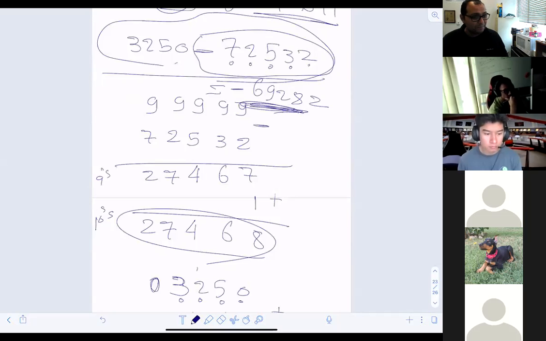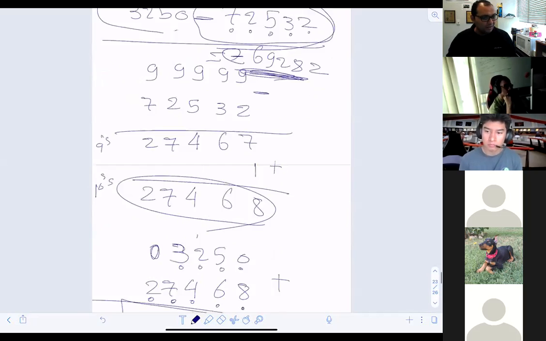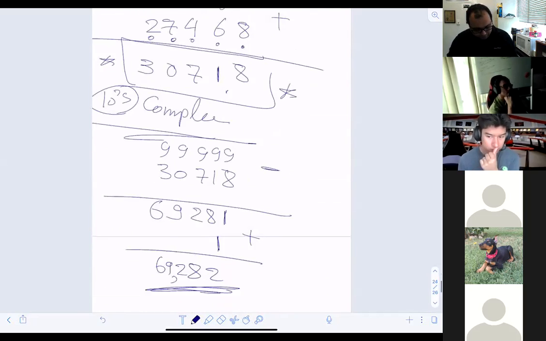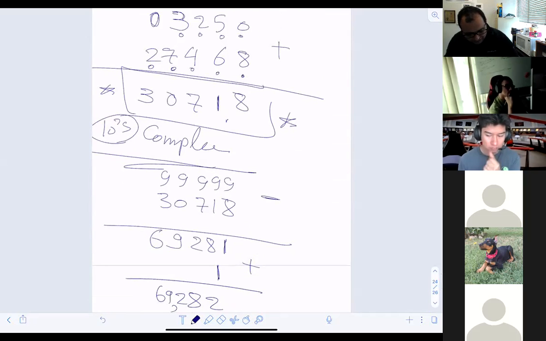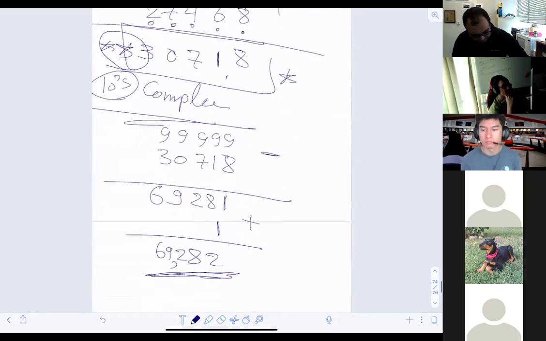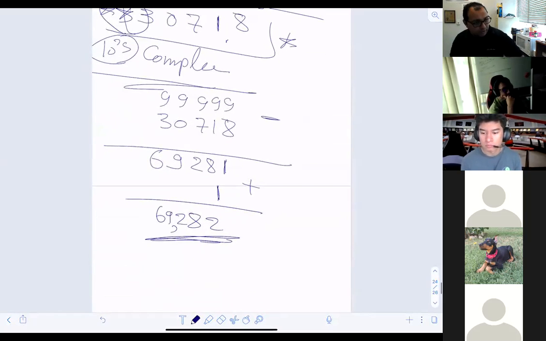It is the same, but we have negative. How will I know it's negative, right? Where did the negative come from? The value that came out of this process is positive. That makes sense? If you notice, the value that came here in front of you is 69282, right?